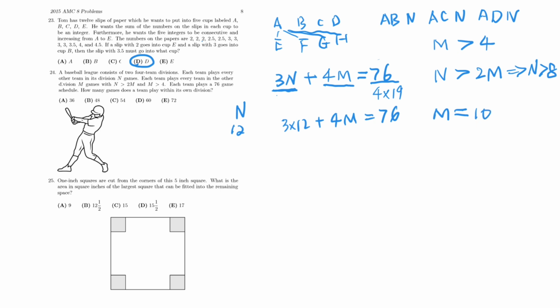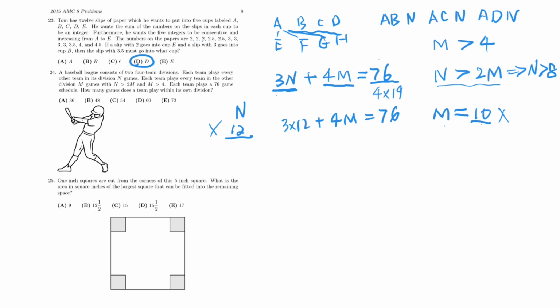That's the first pair, M and N. That's 12 and 10. So M greater than 4, that's okay. But N is not greater than 2M, not greater than 20. So this pair is not working because N is not greater than 2M.